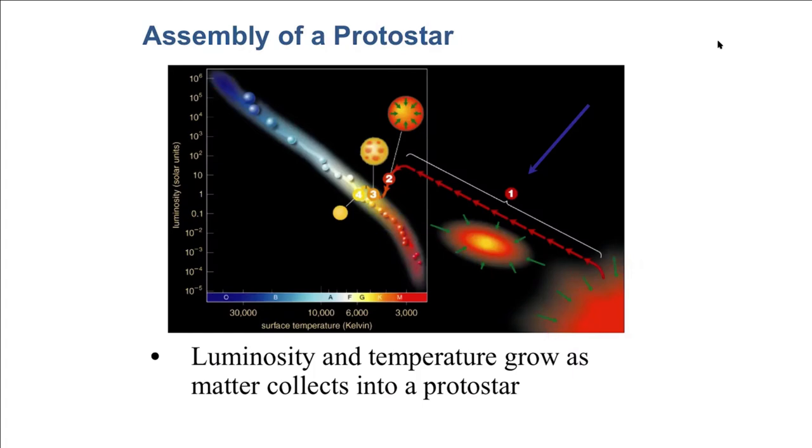But as that cloud of gas contracts and collapses into a protostar, it gets gradually hotter and gradually brighter over time, and it moves up this protostar track until it gets all the way over here onto the HR diagram itself, and then it's sort of visible. It's still going to be contracting, but it's now hot enough that it's probably blown away the molecular cloud from which it formed.